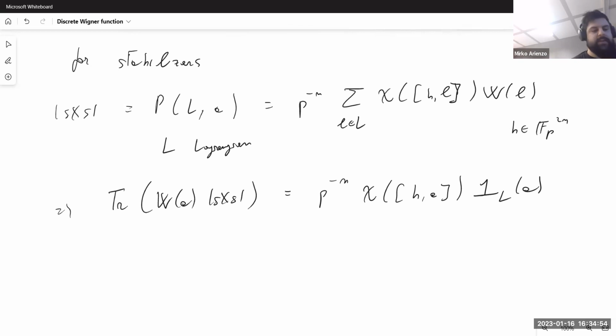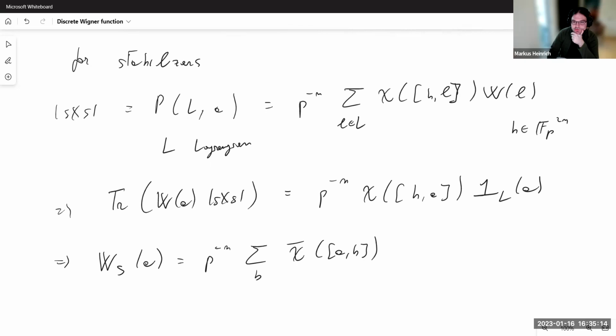And so that means that when you go to the Wigner function associated with this state, well, just rewriting the definition for clarity, we have this transform.